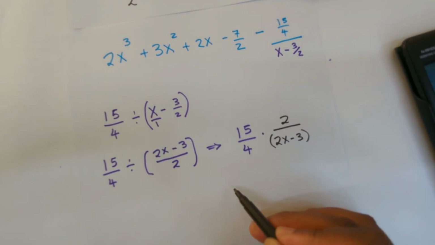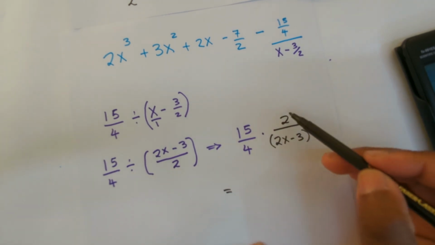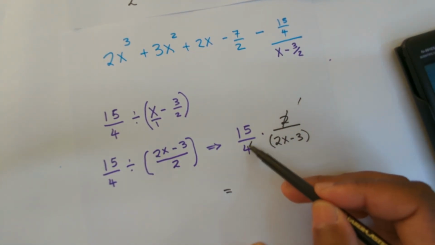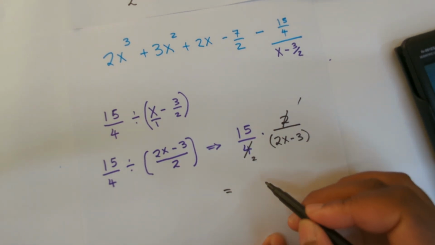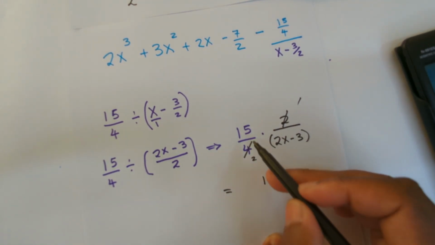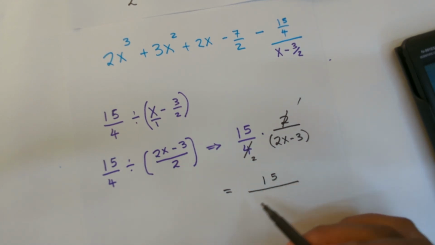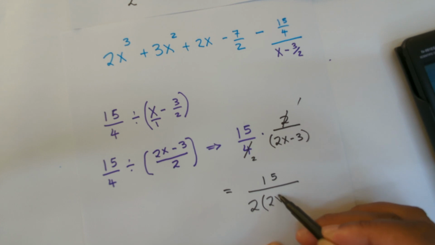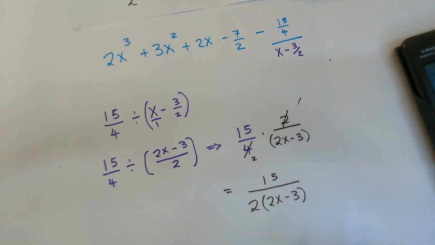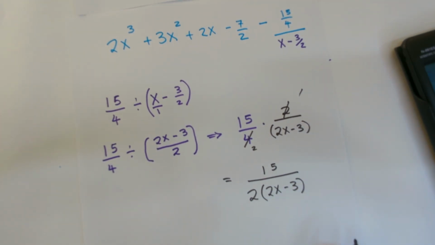Let's simplify it. The 2 will cancel into 4 to give us 2. Now the simplified remainder will be 15 divided by 2 times the bracket 2x minus 3. So this is our simplified remainder.